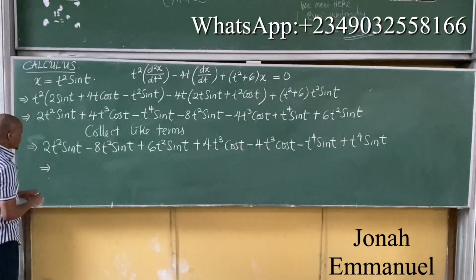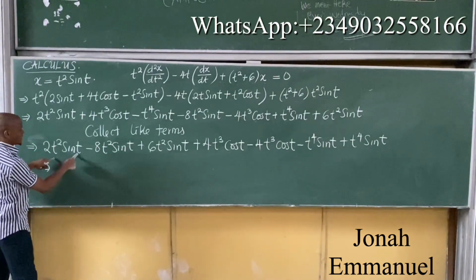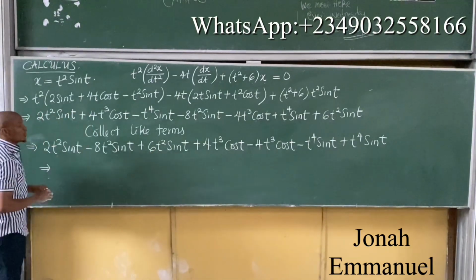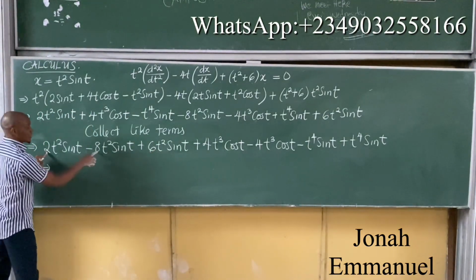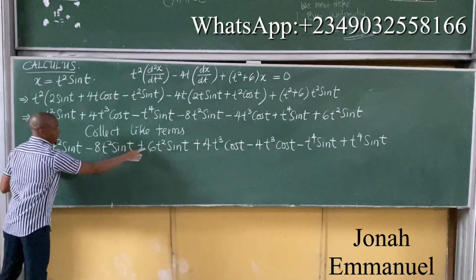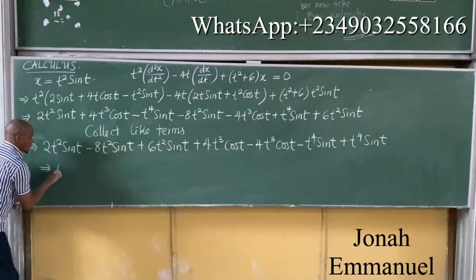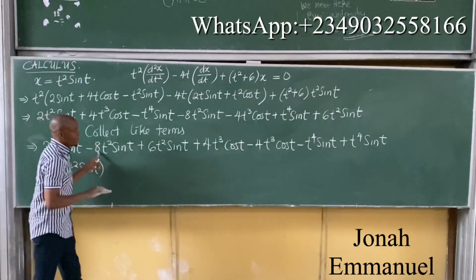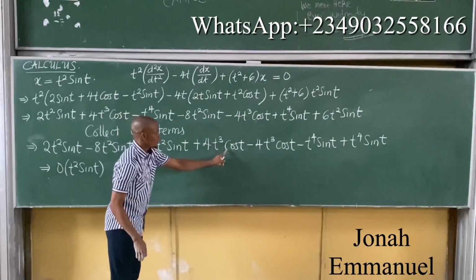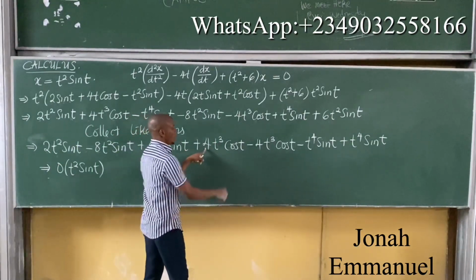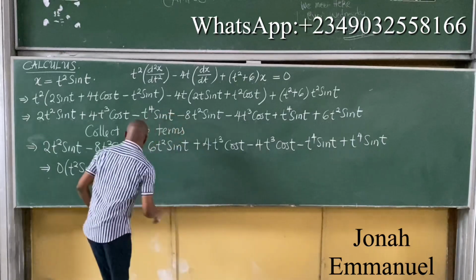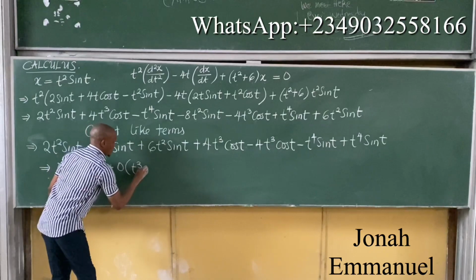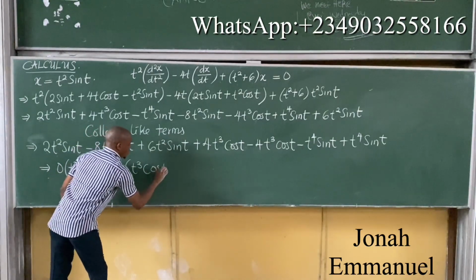Let's work with the numbers. For t² sin t, 2 minus 8 is minus 6, plus 6, so it gives 0 times t² sin t. For t³ cos t, plus 4 minus 4 is 0, so 0 times t³ cos t.